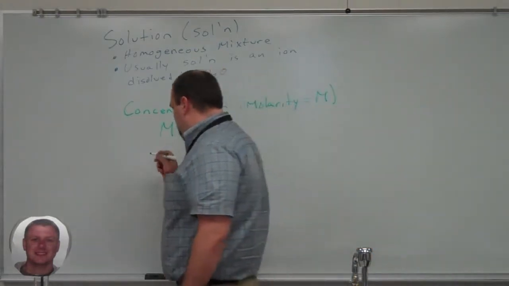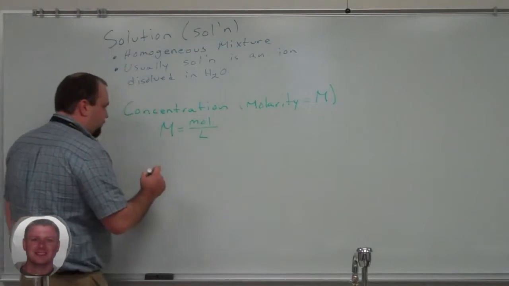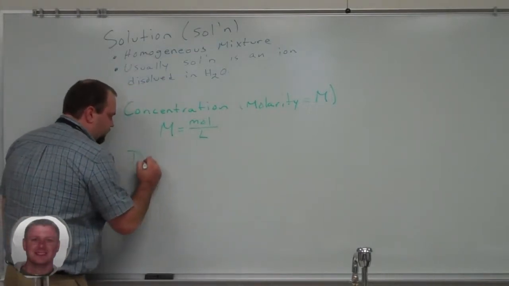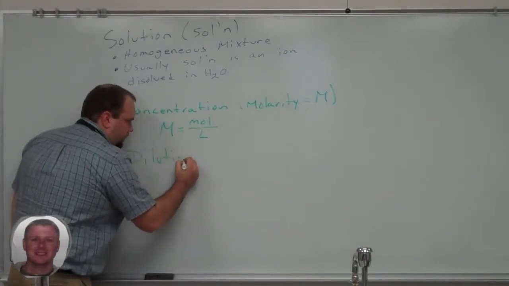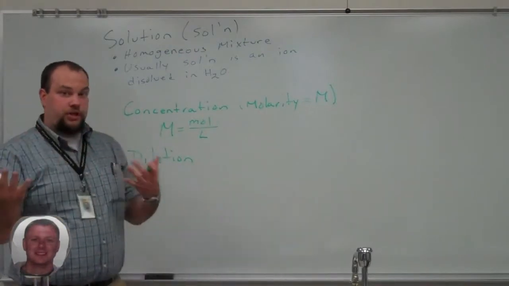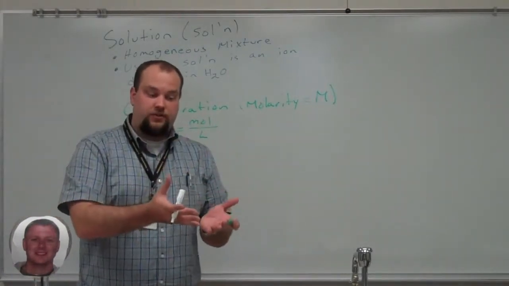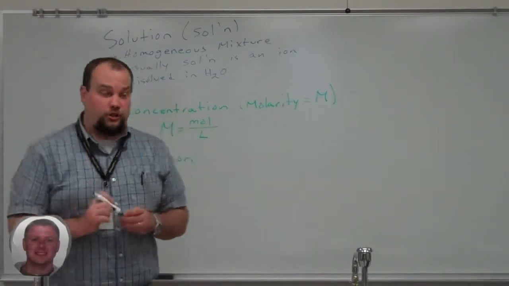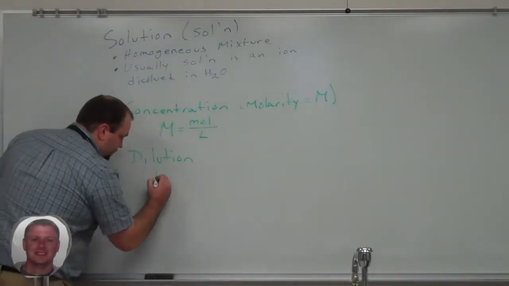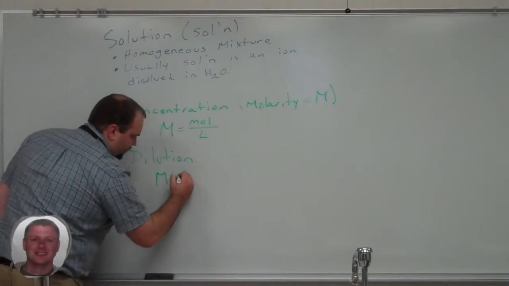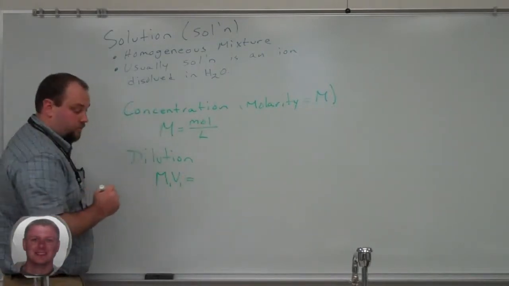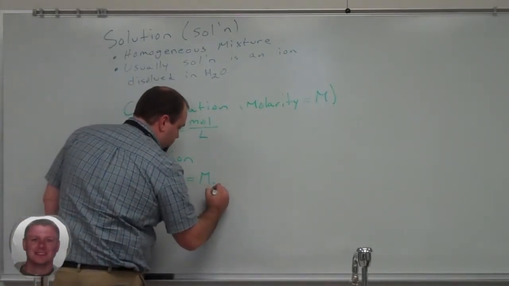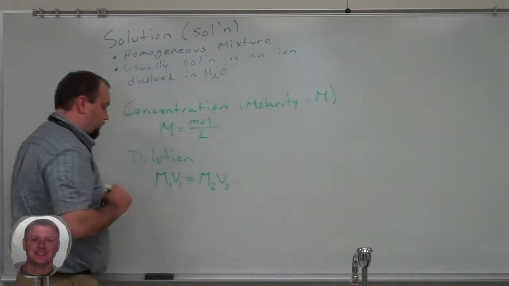There's one other equation or calculation that you need to know. It's a dilution. A dilution is a proportion. So we start with a concentrated solution and we want to dilute it. We need to dilute it proportionally. So it is the molarity and volume of our initial equals the molarity and volume of what we're looking for.